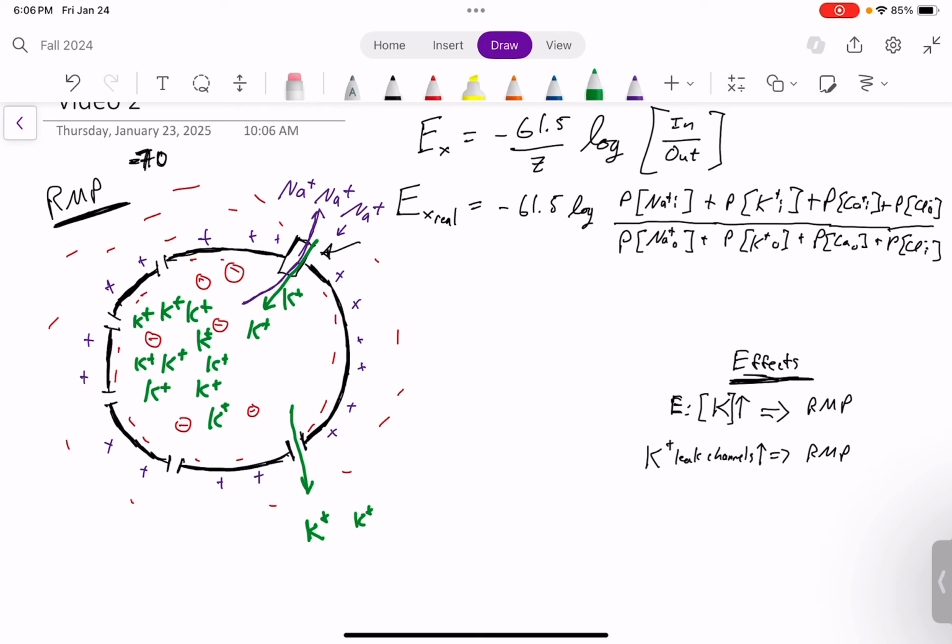And this makes the cell more negative because there's less positive charges within the cell to offset the negative charges that are already there. Now, these negative charges can come from ions, but a lot of times they're just proteins that are negatively charged. And so the cell, if we were to have a graph right here, as potassium leaves, then the cell's membrane potential, or the cell voltage, goes down.